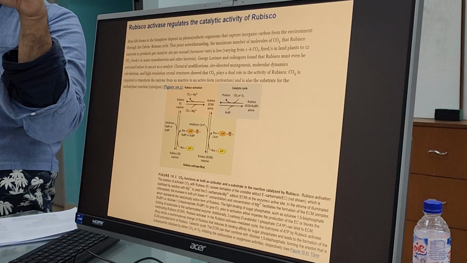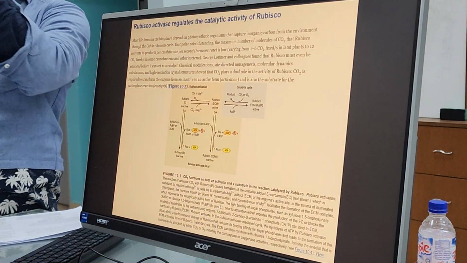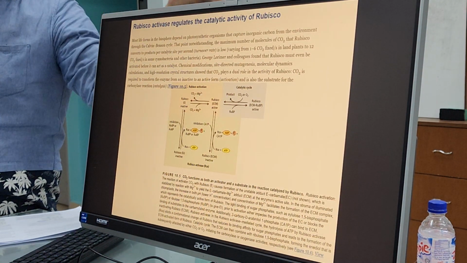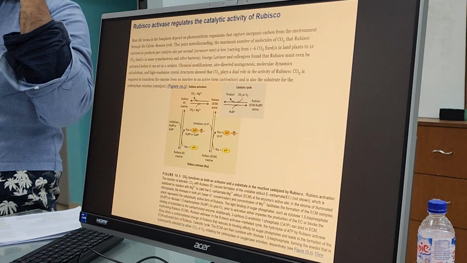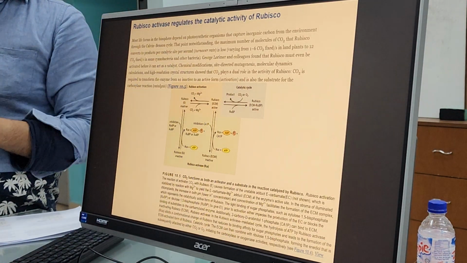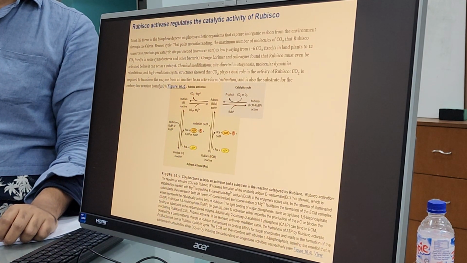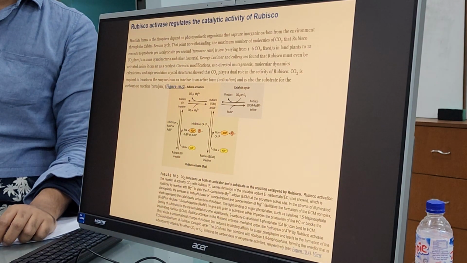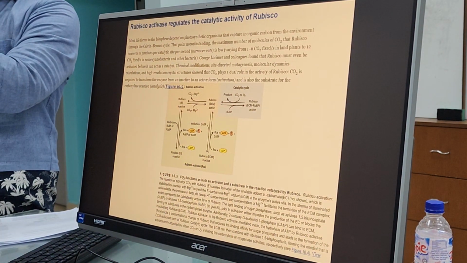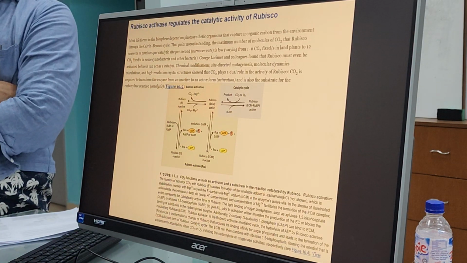However, one of these two things, the RuBP, makes it not function because the pH is not right and CO2 has not joined with it to form the carbamylation. So fulfill this condition.